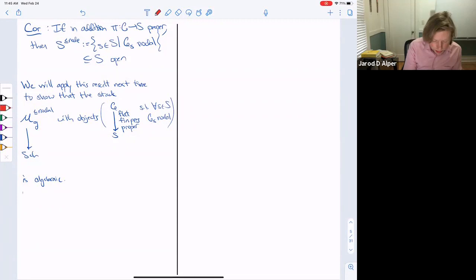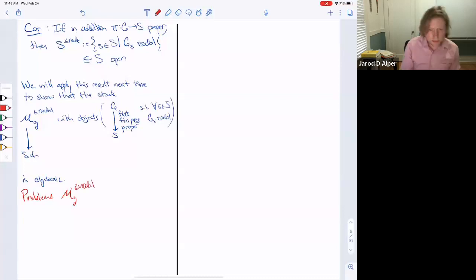But there are problems with looking at all nodal curves. Even though it forms an algebraic stack, it's not separated.